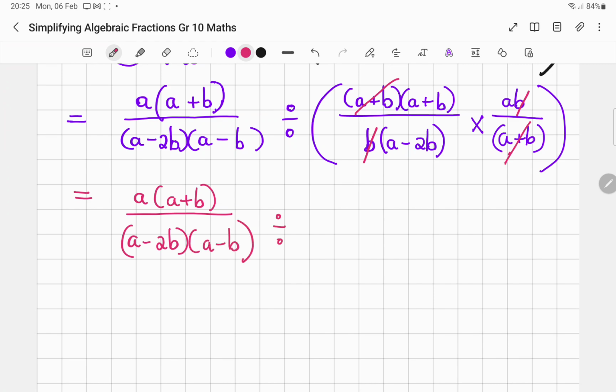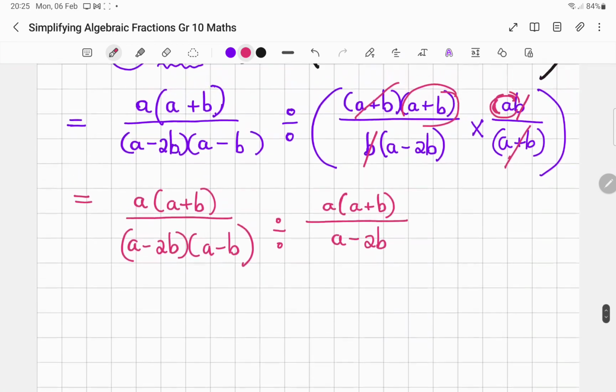Keep the division. I'm just going to bring it all together. So at the top was an a and an a plus b left, over a minus 2b. Okay, so you see there was a little a over there and an a plus b over there, and at the bottom just that part.